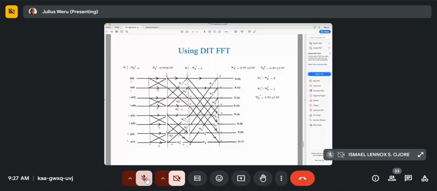This one is 0 times, this applies to the 4 minus 1. Oh, sorry. These ones apply to this, but these ones apply to this. There's some confusion there.